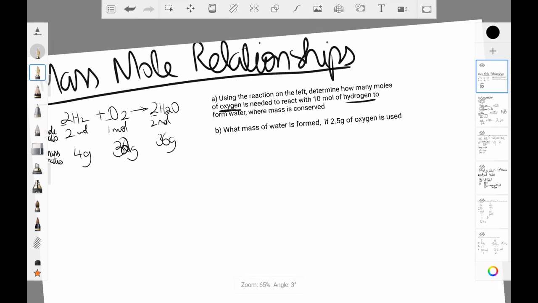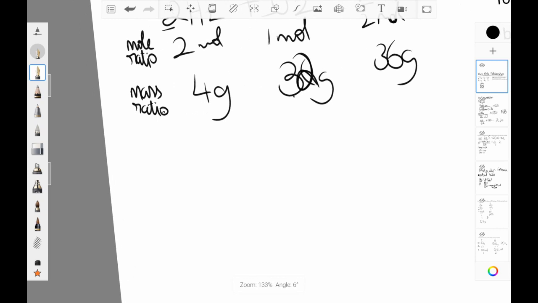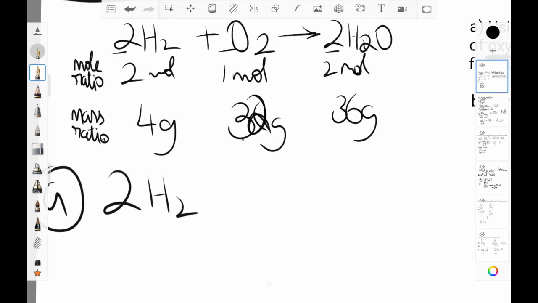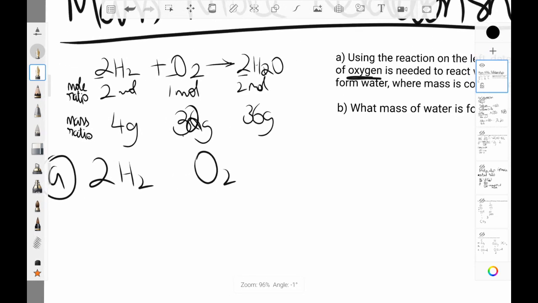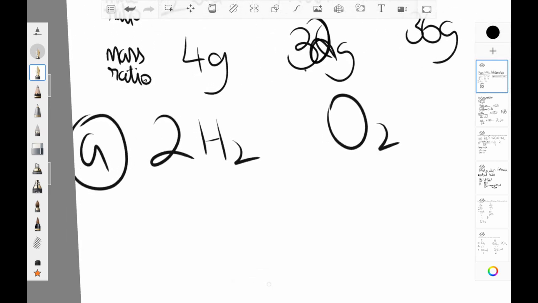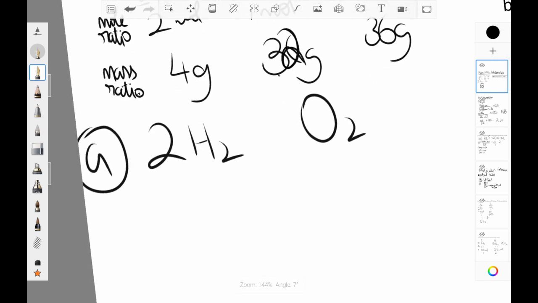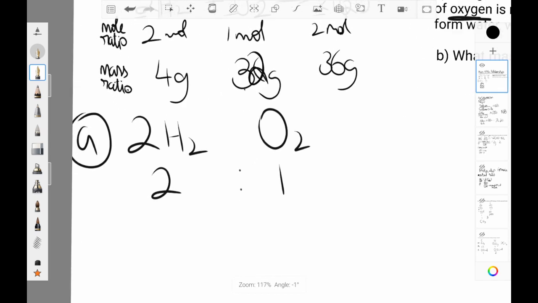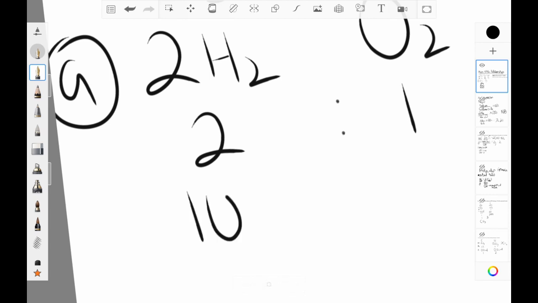So you use oxygen and hydrogen for A, where I have 2H2 and O2, and they're talking about moles. The way the question has been phrased, I can directly use the mole relationship. So 2 is to 1, and they mentioned that there are 10 moles of hydrogen, and your oxygen was the unknown value.